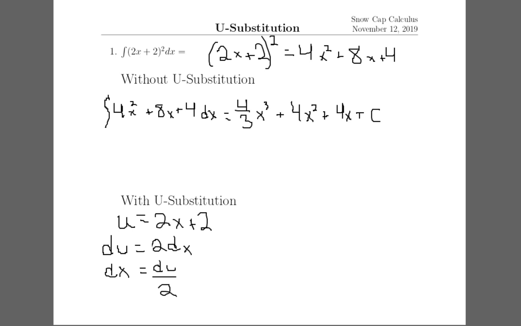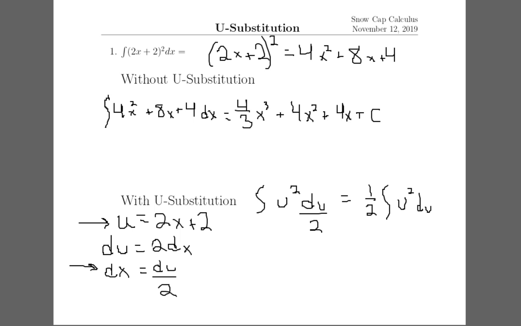Now we substitute our u and our dx into our original integral. So we have the integral of u squared du over 2. We can pull this 1/2 out because it's really just a coefficient. So our integral is 1/2 times the integral of u squared du.